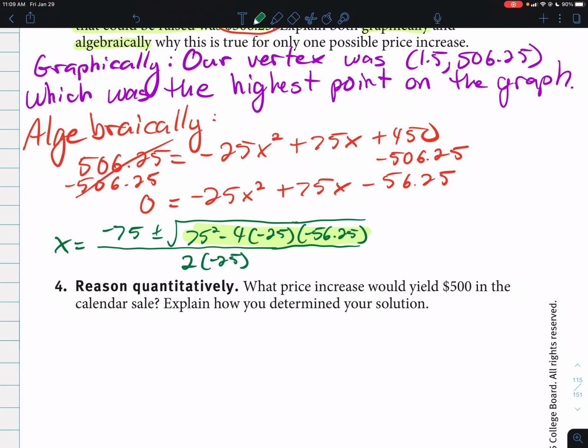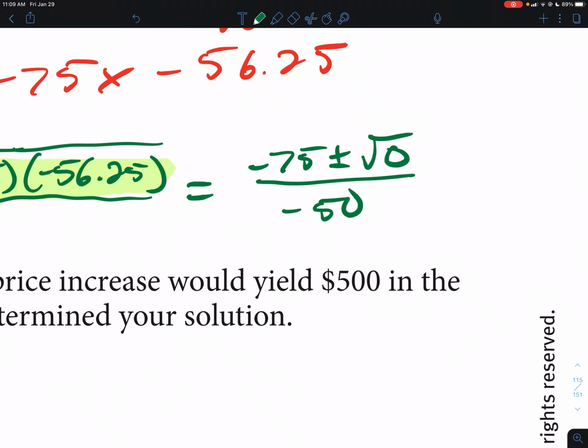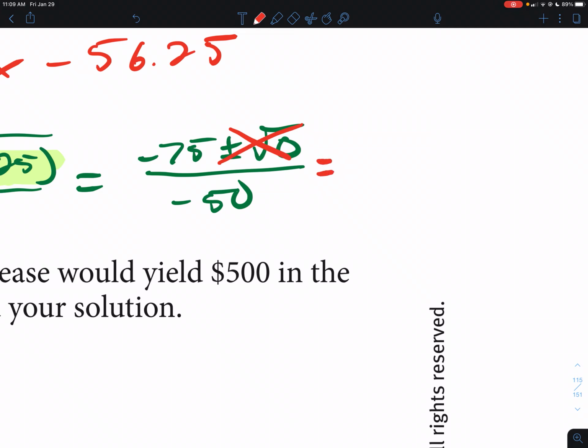Okay, so we have negative 75 plus or minus the square root of 0 over negative 50. So right here, this is actually really good for us because the square root of 0 is just 0. So all of this is just going to go away, and so we'll only have one solution.